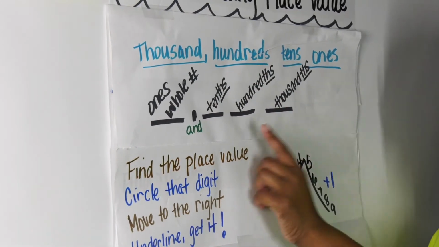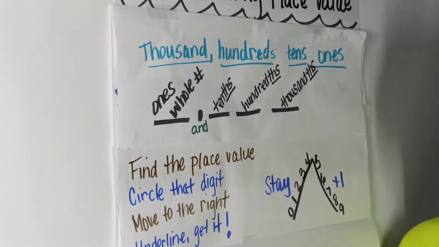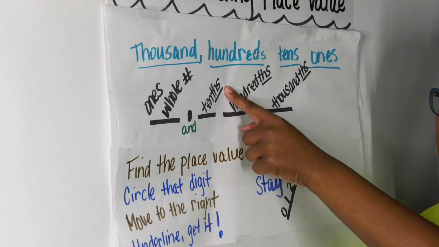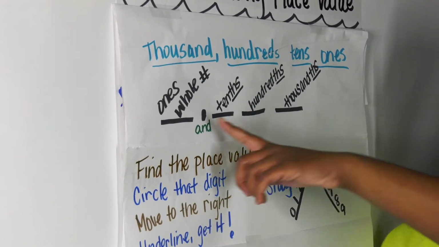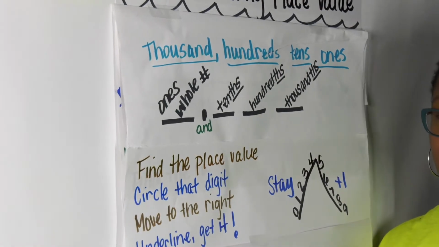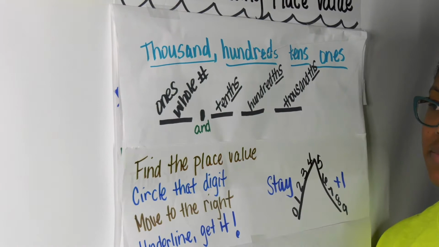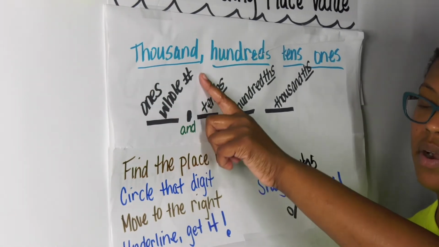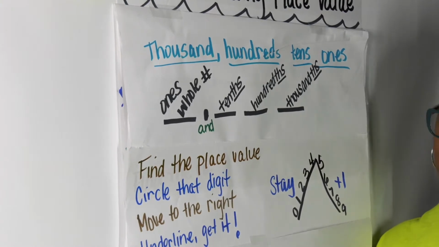All the place values, there are only 3 after the decimal, all end in THS when you are writing them out in word form. The decimal, we say "and", and the number in front of our decimal is our ones place or our whole number. So all of our examples are going to have 1 digit in front of our decimal.